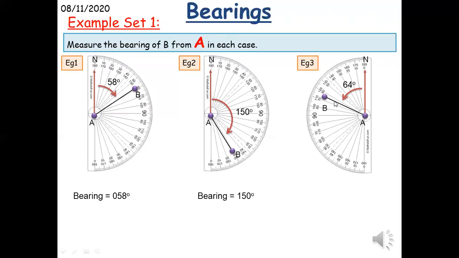Is this the bearing? No, because my bearing is always clockwise and this angle is anti-clockwise. So my bearing is going to be the rest of the angle, which is 360 minus 64, which will be 296.